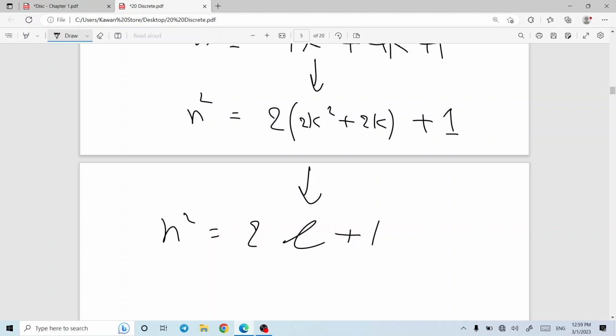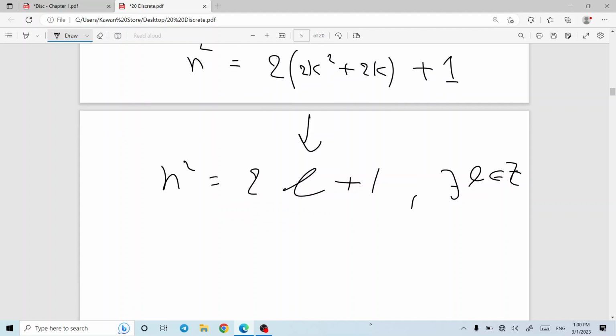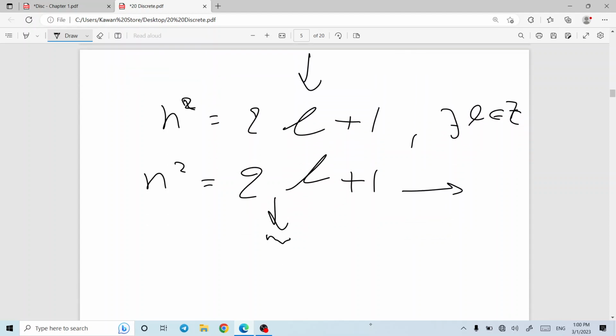Yes, because k is an integer: 2 multiplied by k squared plus 2k, integer plus integer. So there exists L belonging to the integers. So I wrote n squared as 2L plus 1, which means n squared is odd.